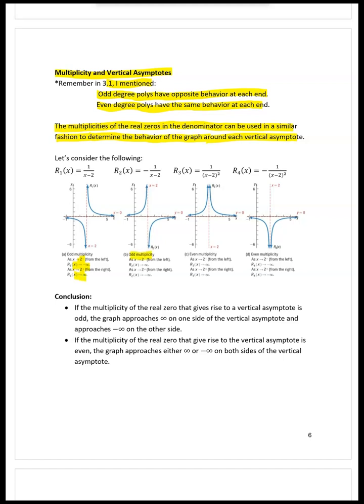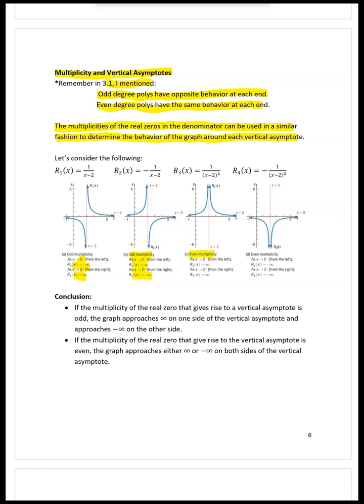Now with odd multiplicity, if x approaches 2 from the left, then R2 of x approaches infinity, or if x approaches 2 from the right, then R2 of x approaches negative infinity. So you can see if it approaches 2 from the left, it goes off to infinity, but if it approaches 2 from the right, it goes to negative infinity. That's all it's saying: if your graph comes from the left-hand side, it's going to shoot off one way, and from the right-hand side, it shoots off the other way, right?